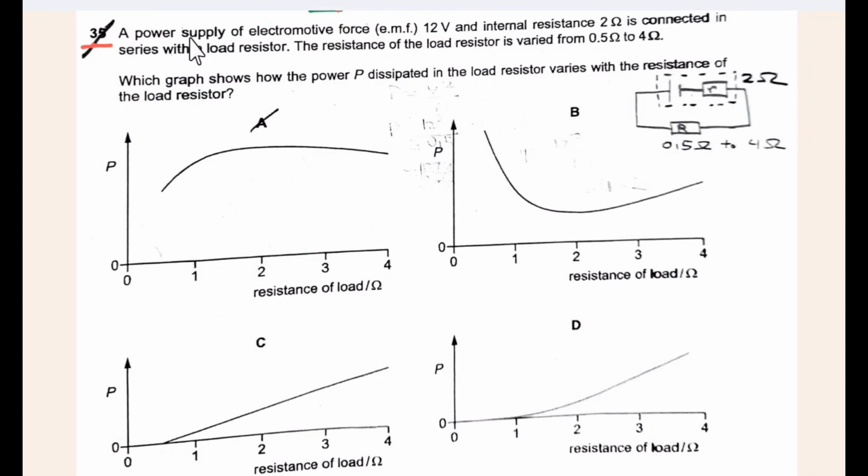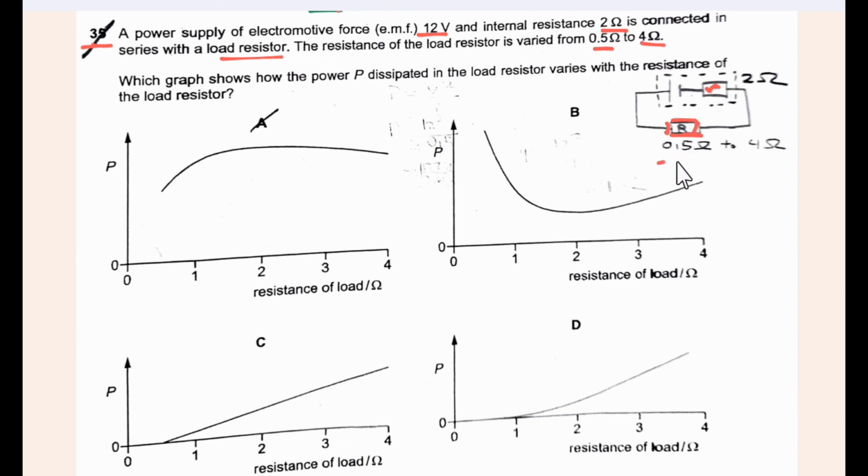35. A power supply has an EMF of 12 volt and an internal resistance of 2 ohm, connected in series with a load resistor. So it is connected in series with a load resistor R. Also it has some internal resistance, that is small r. Then the resistance of the load resistor is varied between 0.5 ohm to 4 ohm.